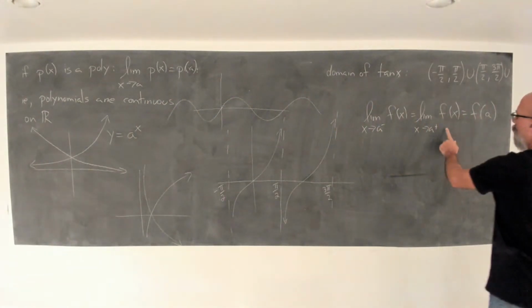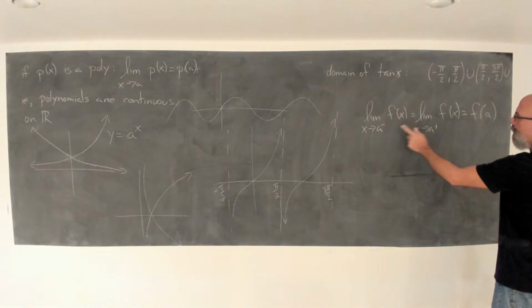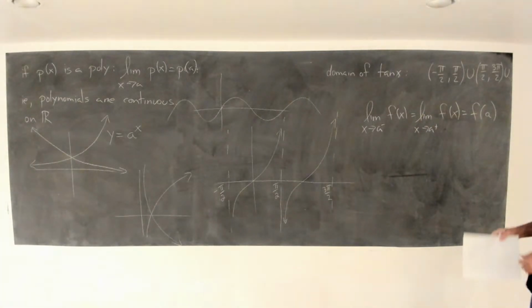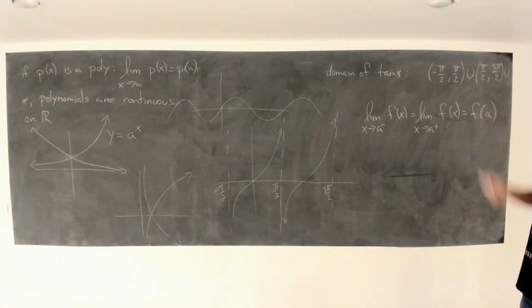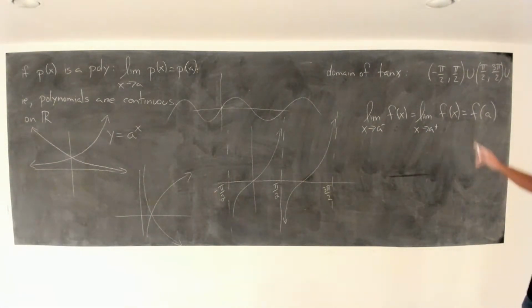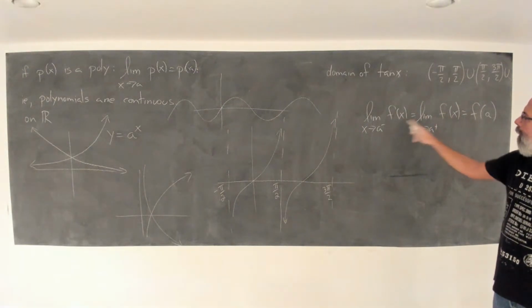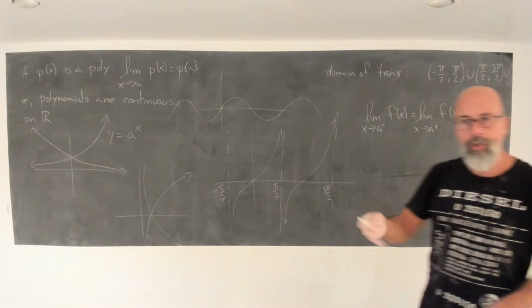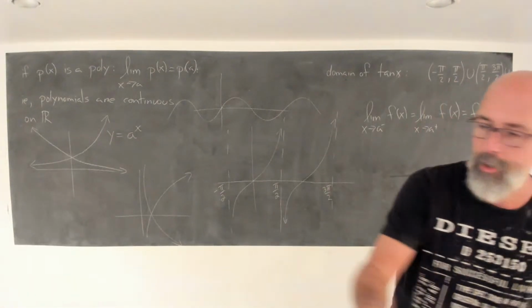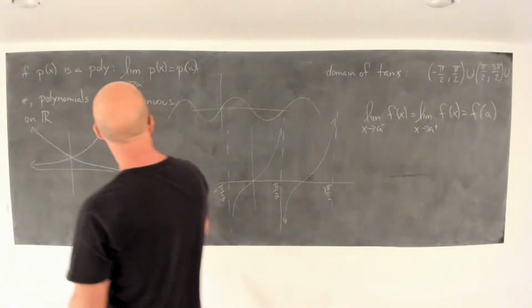Either these two limits are not the same. So either they exist and are not the same, they could exist and be different from that. Or one of these could be infinite, maybe both. These are all possibilities, things that can go wrong. Let's take a few examples.